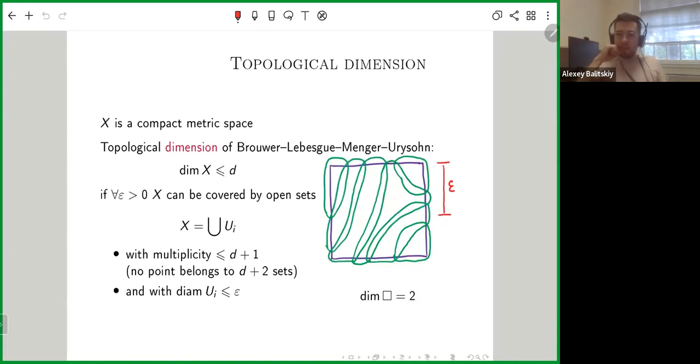But if I reduce the multiplicity, and try to cover my square with sets such that every point belongs to at most 2 sets, I will fail to do it with arbitrarily small epsilon. That's my attempt, a covering with sets of multiplicity at most 2. But as you can see, those sets are not small. In fact, it is a theorem of Brouwer and Lebesgue that at least one of those sets must connect opposite sides of your square.